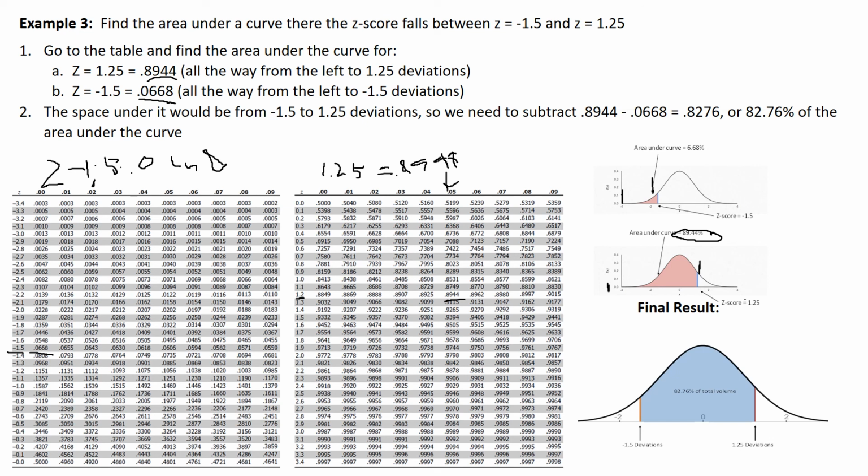I'm just going to subtract the two. I'm going to subtract this one from here. And what I'm left with is this area right here. And 0.8944 minus 0.0668 equals 0.8276, or 82.76% of the area under the curve.